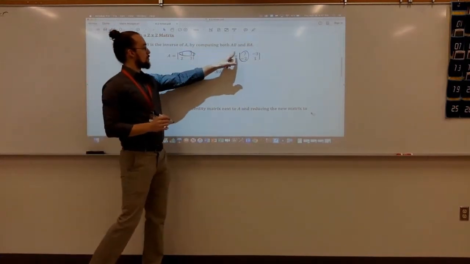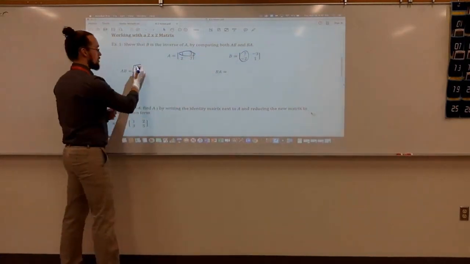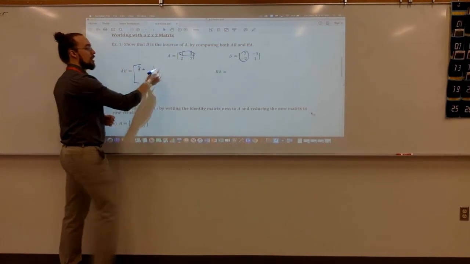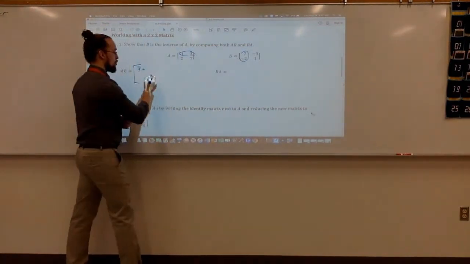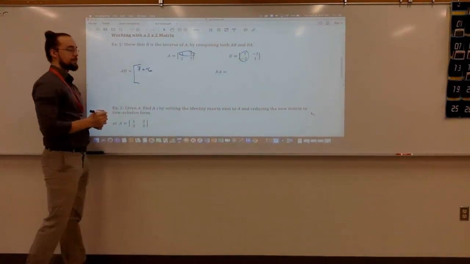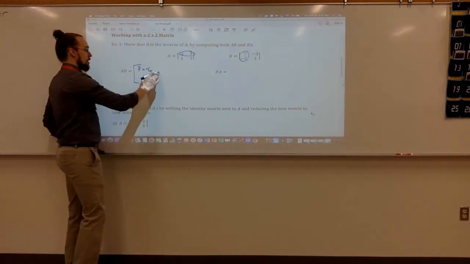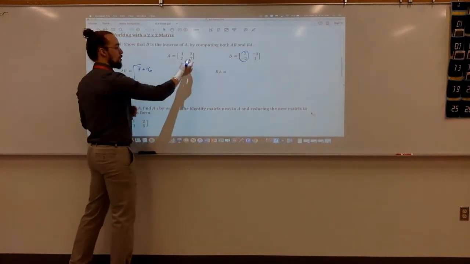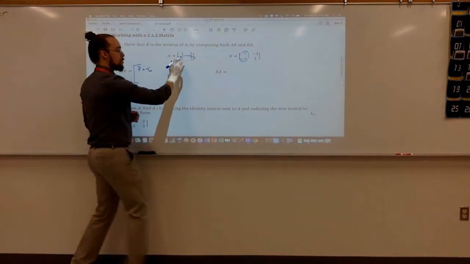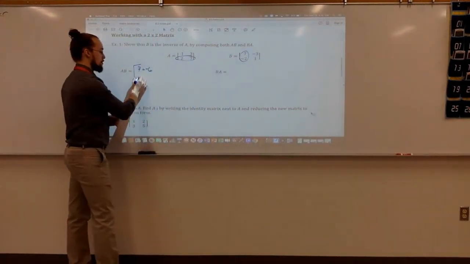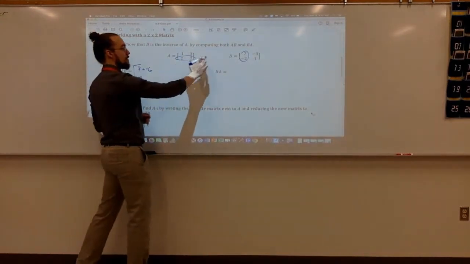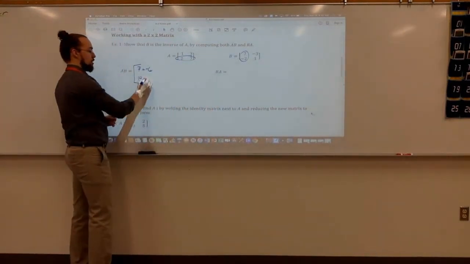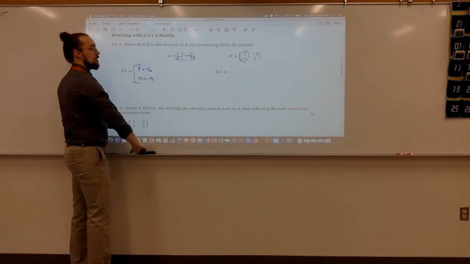So 1 times 7 is 7, and then 3 times -2 would be -6. Then I'll do this entry next: second row, first column. 2 times 7 is 14, plus 7 times -2 is -14.